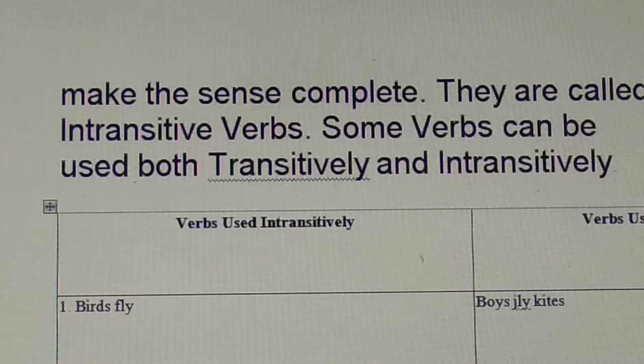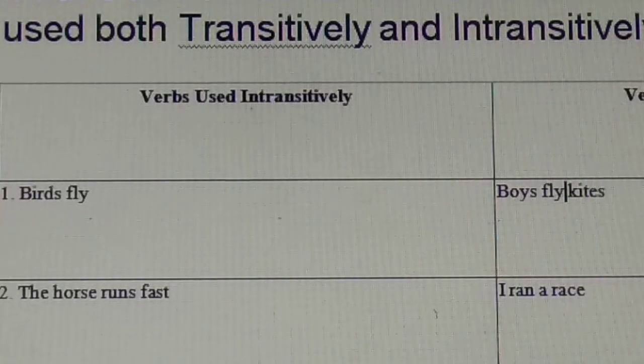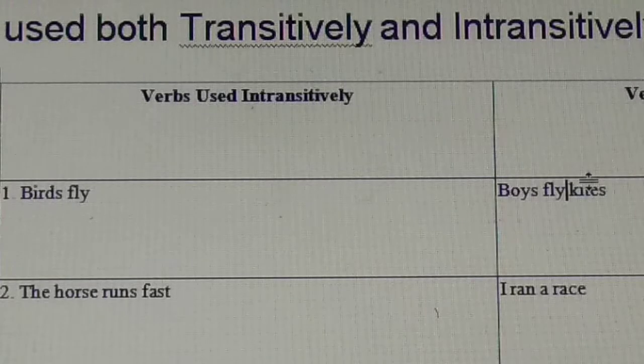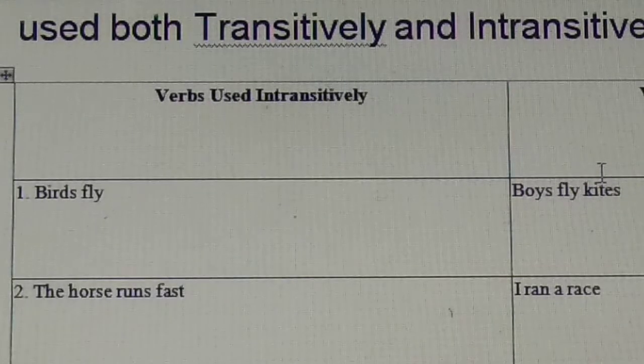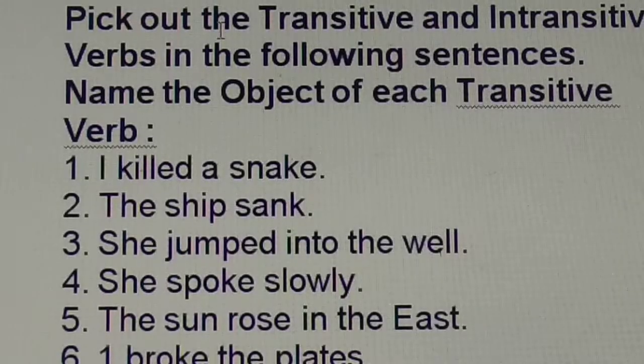They are called intransitive verbs. So some verbs can be used both transitively and intransitively. Look at this: verbs used intransitively in the first column and transitively in the next column.